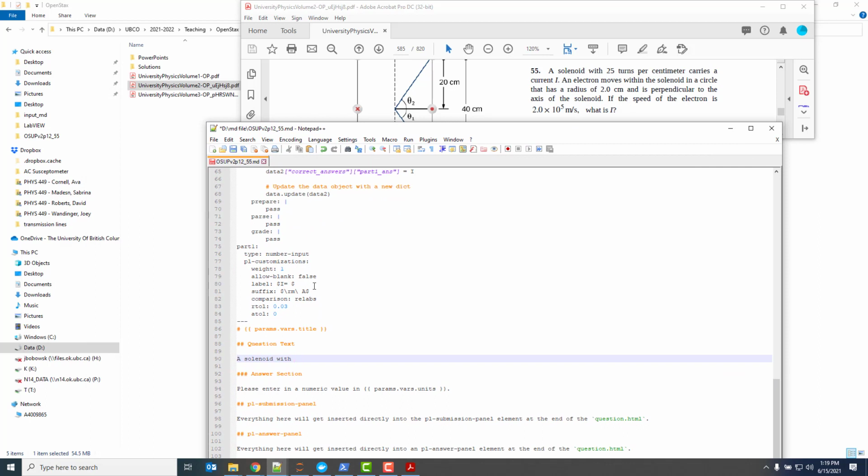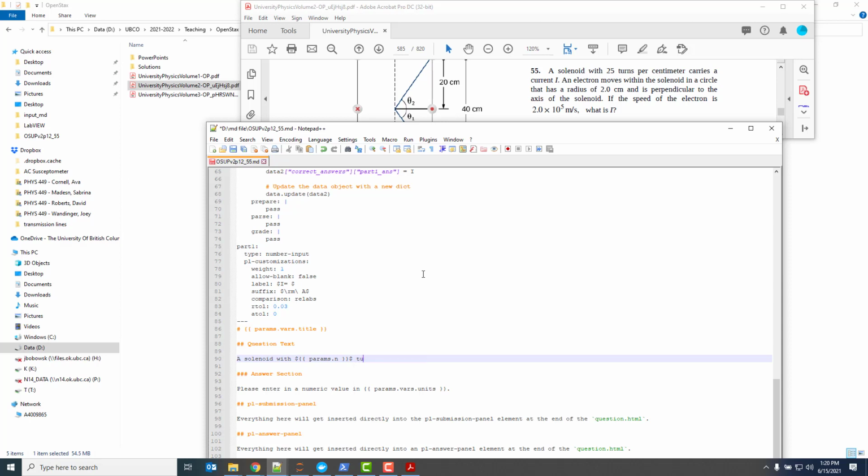Right. A solenoid with 25 turns. And so we're going to have our 25 turns be a variable. So the notation is params.n. And I'm going to put that in between dollar signs so that it gets formatted like a usual number.